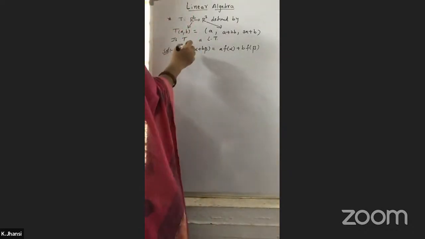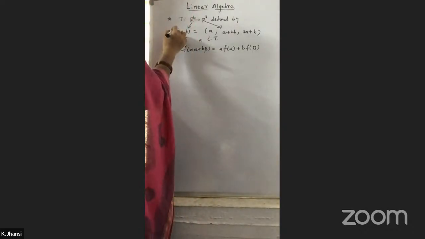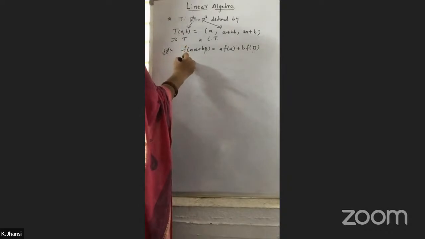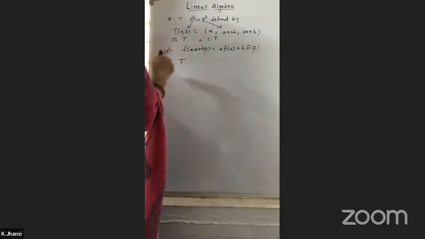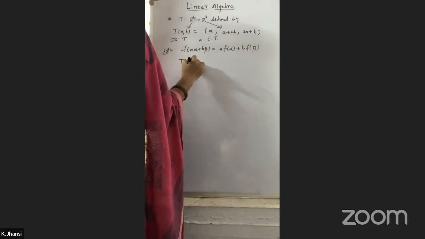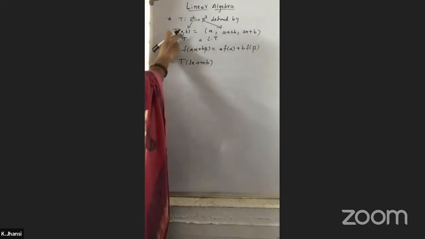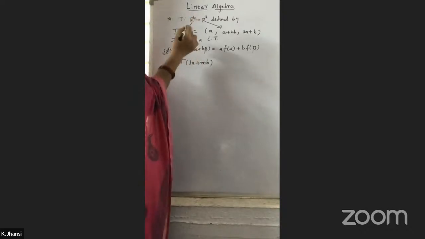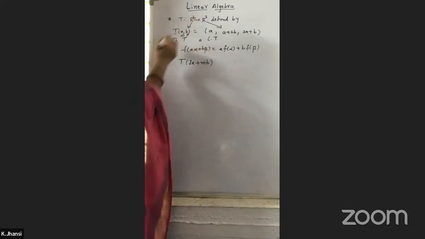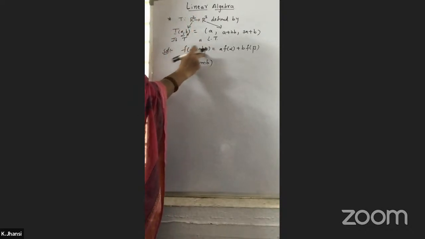So this is the function f, and here T is defined. With the help of T you can do it too, that is T of (L a plus M b). Here a comma b are there. If alpha comma beta are given in the problem, you can directly write like this.